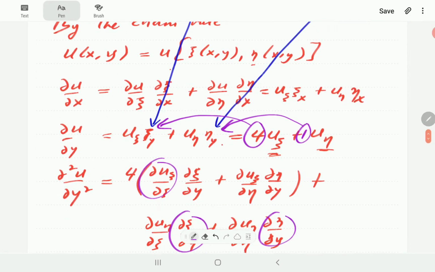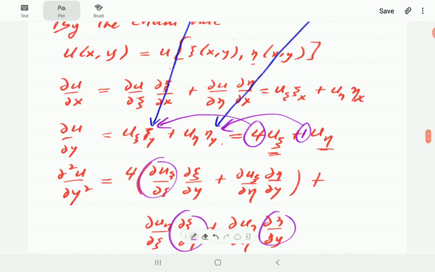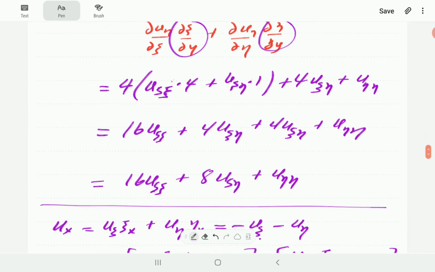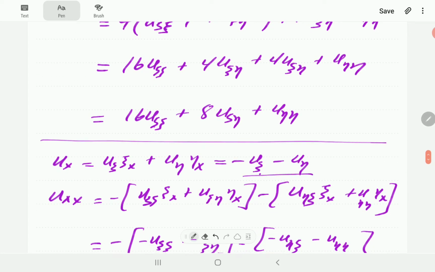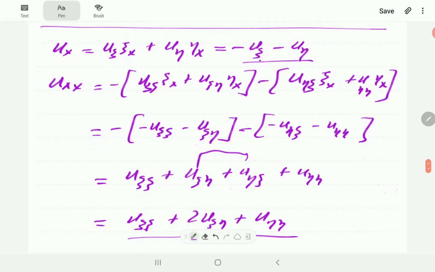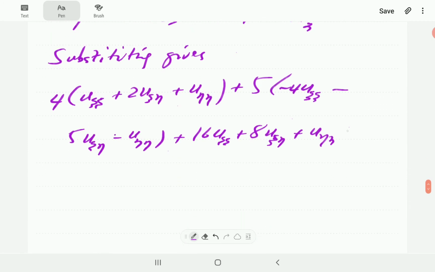Just go back to, there's u_x and u_y here. So in this context, u_x, we have it here, so that's minus u_xi minus u_eta, and then u_y is 4u_xi plus u_eta equal to 0. Right, and then we're now going to collect terms.